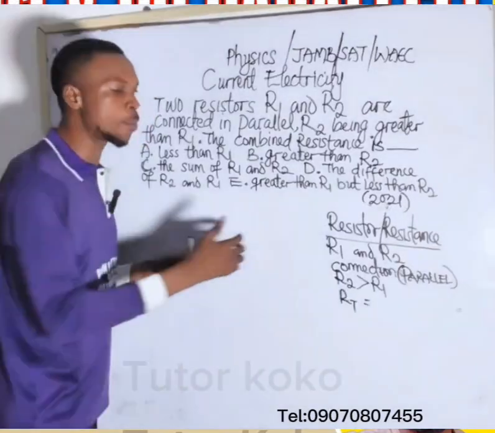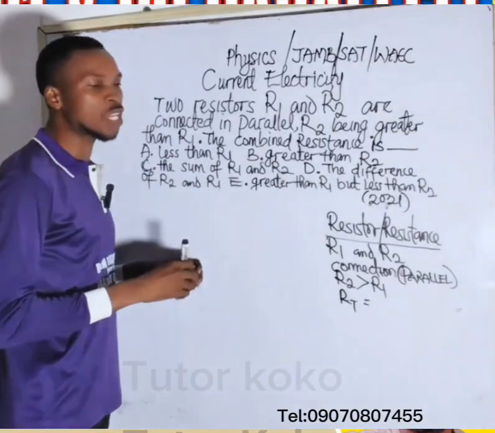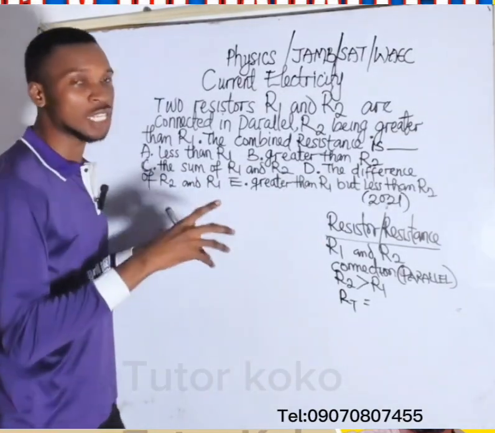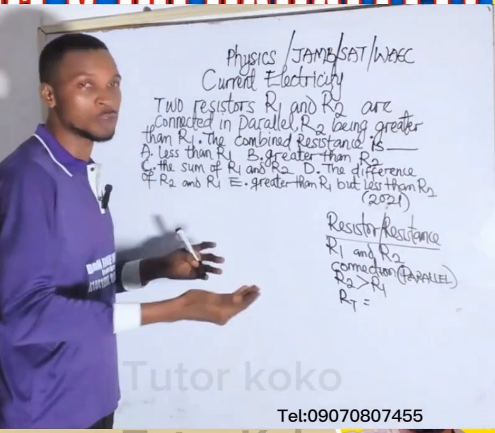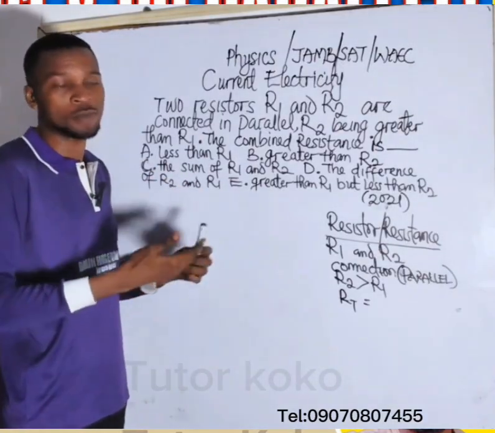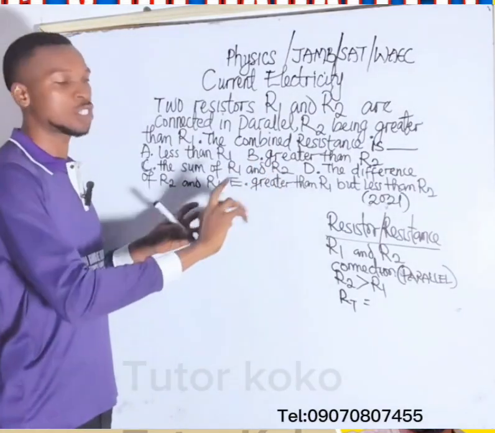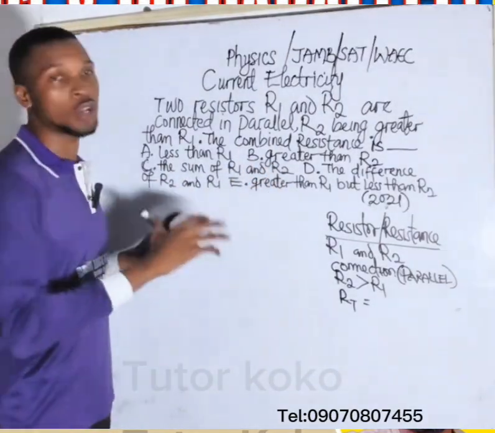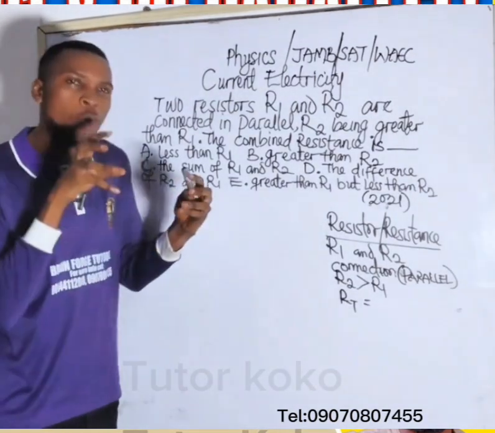All right, without wasting time, let us understand the concept of resistor and resistance. In an electric circuit, that is the path given to the flow of an electric current, the pathway by which current flows is called an electric circuit. Now, in an electric circuit, there are various components.